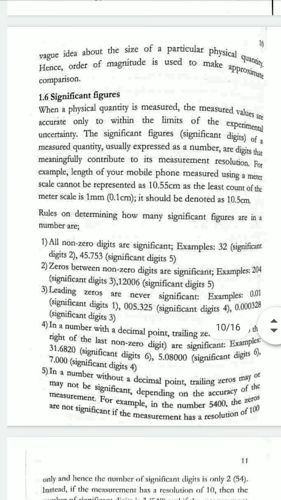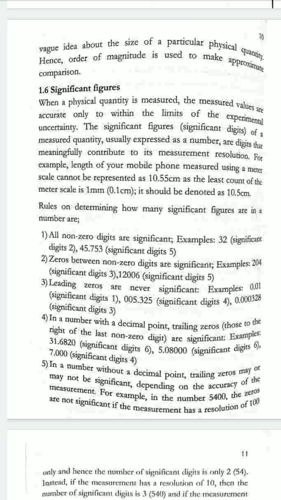Now let us see how we can find the number of significant figures in a given number. All non-zero digits are significant. Example, 32: both digits are significant.